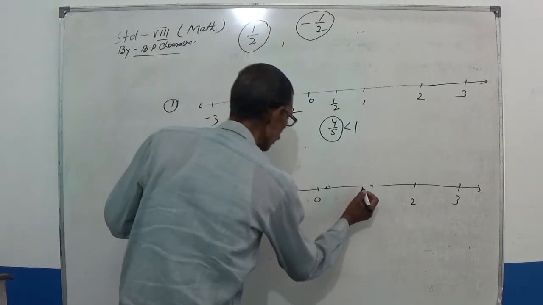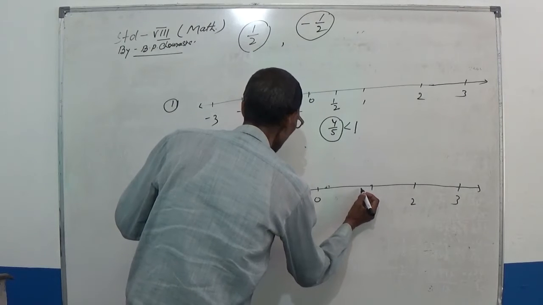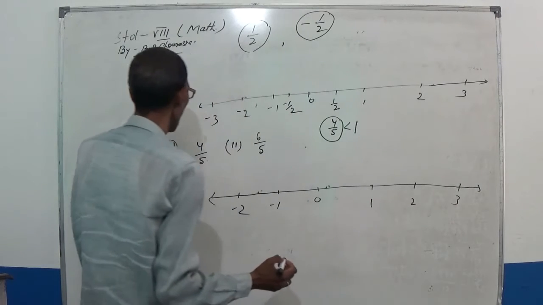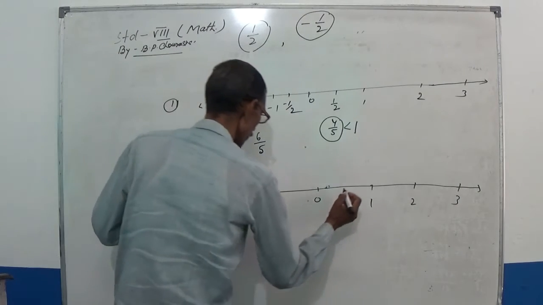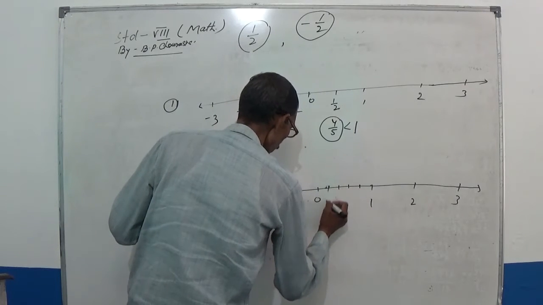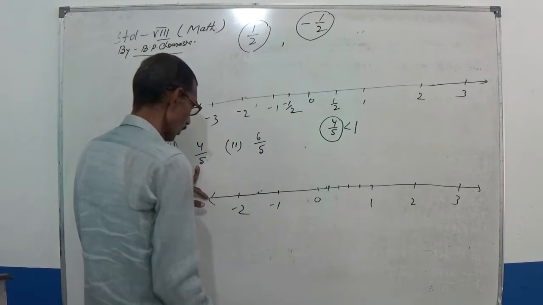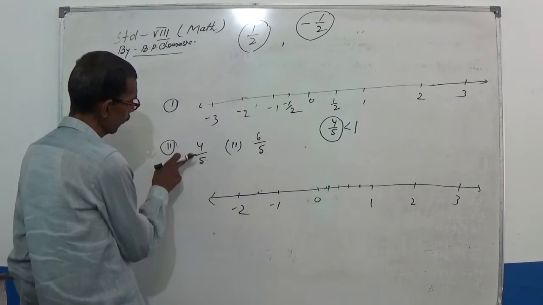Now you divide 0 and 1 into 5 equal parts. This is 4 by 5.